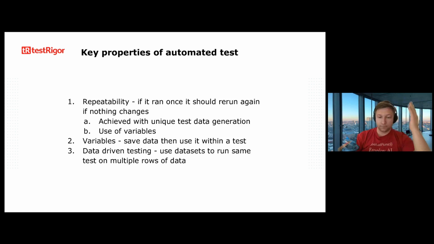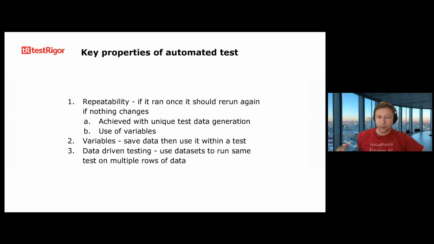spreadsheet filled with different rows of data which you need to use to test the same form, for example. In programming or in test automation, basically any tool you'll be using would allow you to use data-driven testing in order to be able to run your test on those rows of data.